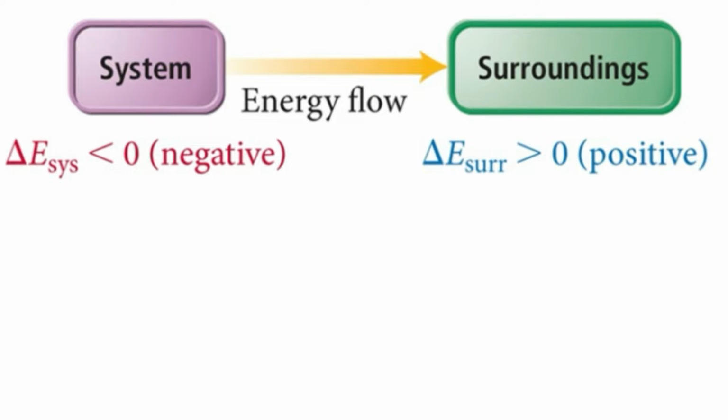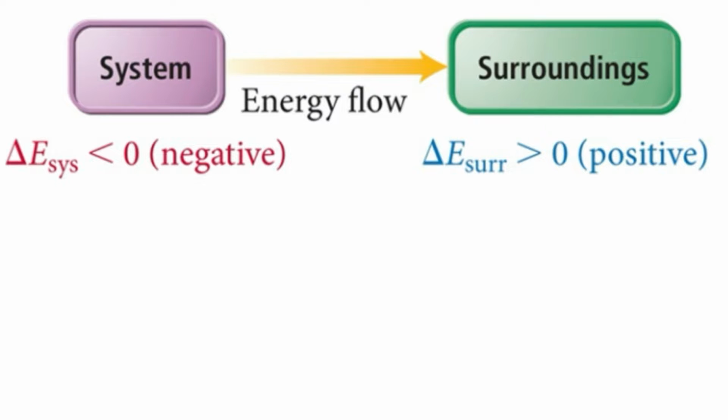In this case, our chemical reaction is giving energy to our surroundings. That means our system lost that energy. And because it lost that energy, the system right now is going to be negative, because it gave away that energy.